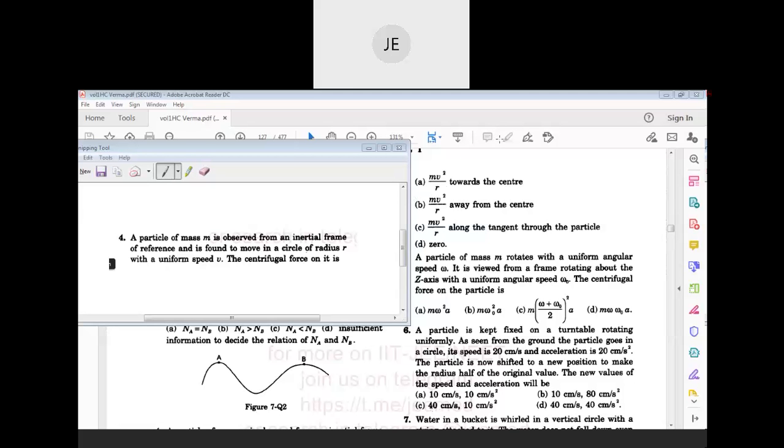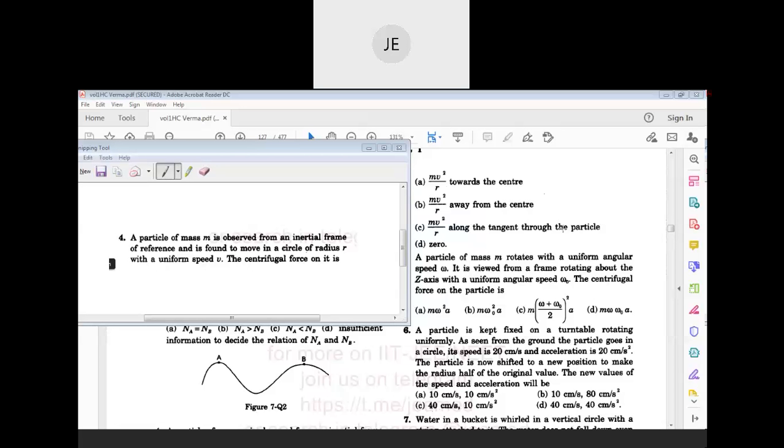The centrifugal force on it, when seen from the inertial frame, is: mv square by r towards the center, mv square by r away from the center, mv square by r along the tangent to the particle, or 0. What is the answer?